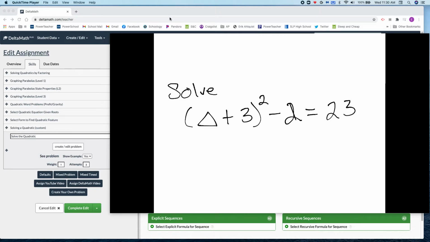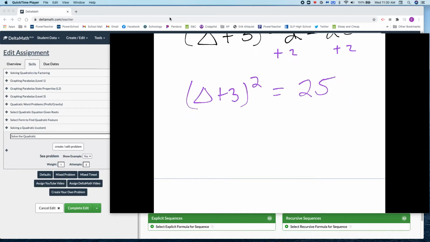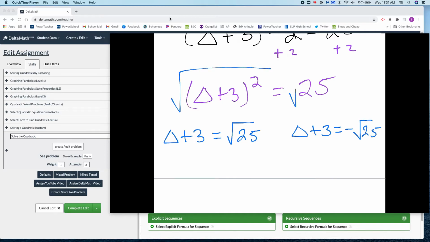If I solve this, I would add 2 to both sides, so I'd have delta plus 3 squared is equal to 25. The next thing I do is take the square root of both sides. Here's where I split this into 2 different things. Delta plus 3 has to equal the square root of 25, and delta plus 3 has to equal negative square root of 25. Because I'm taking the square root of both sides, but I have to do the positive and the negative.